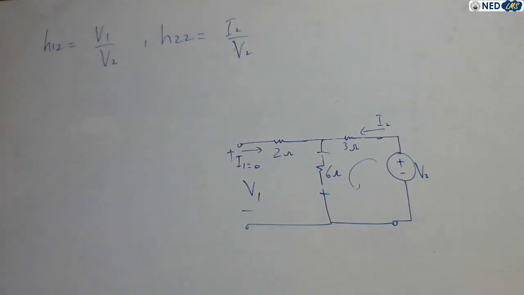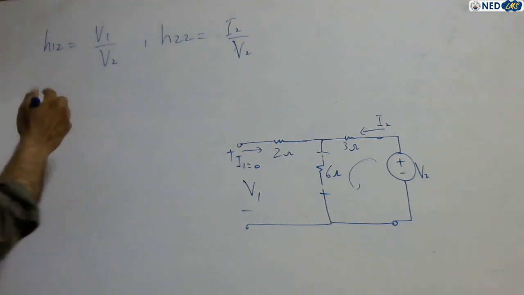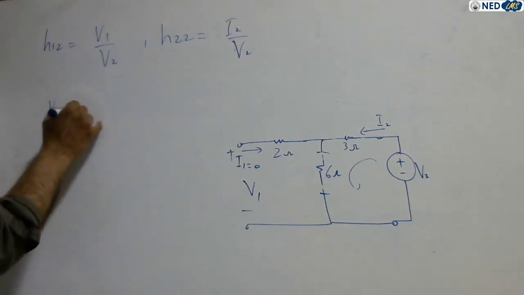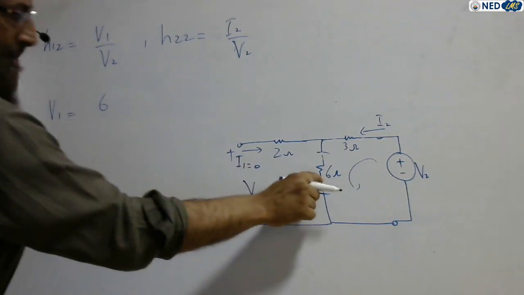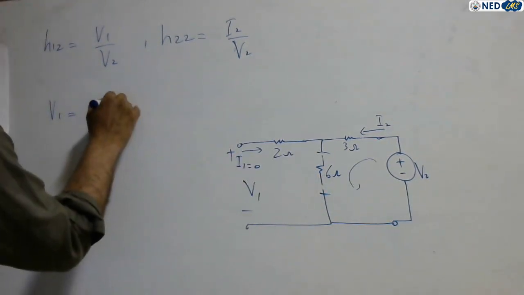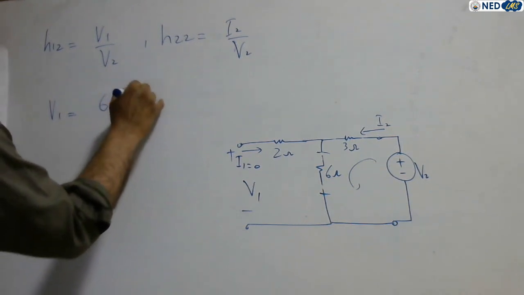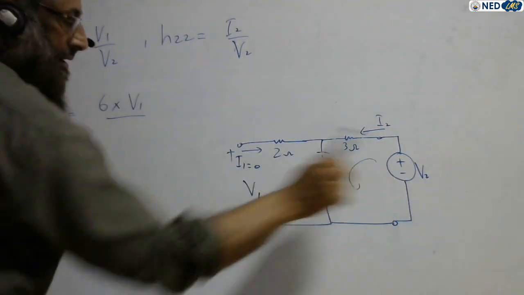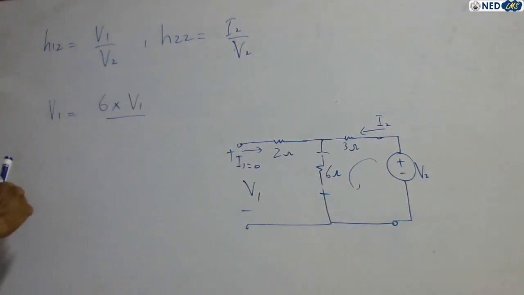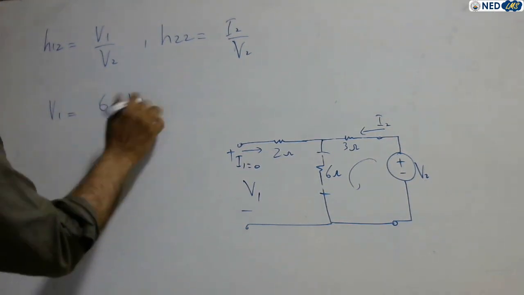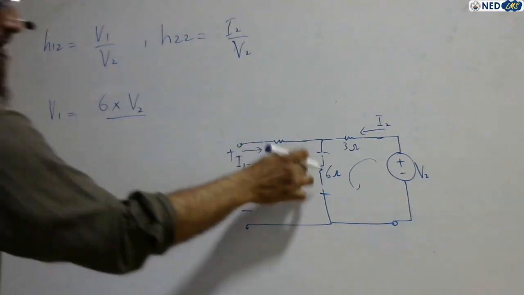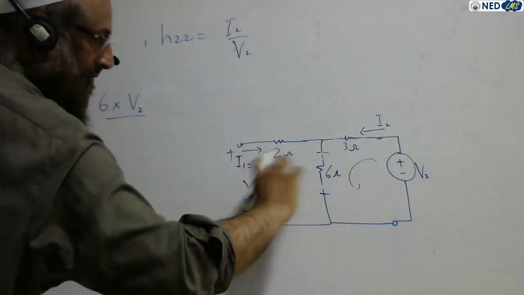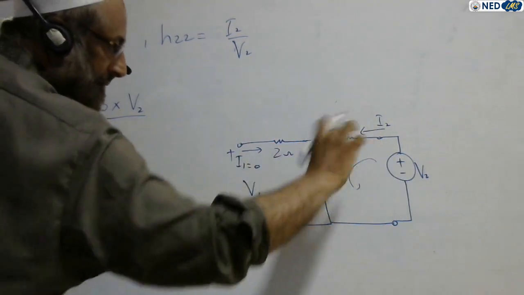What is this voltage? That is V1. So V1 is, by using voltage division rule, VDR, the resistance across which the voltage appears, 6 ohm, multiplied by the total voltage, which is V2, the source voltage, divided by the sum of both resistances, because the total voltage divides among these two.